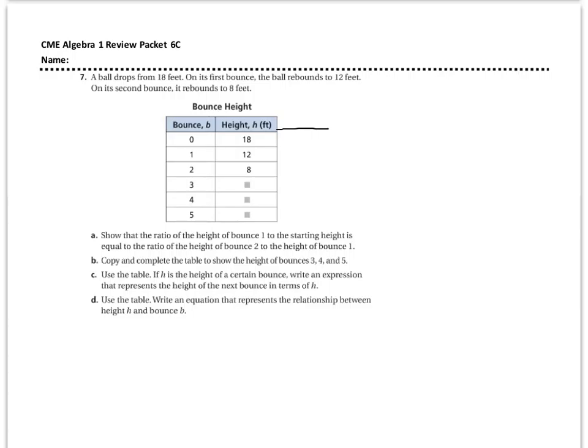So what do you need to multiply 18 by? That's the ratio, right? Even though this looks like a division sign, it means ratio. So 18 times what equals 12? That should be the same as 12 times that number equals 8.